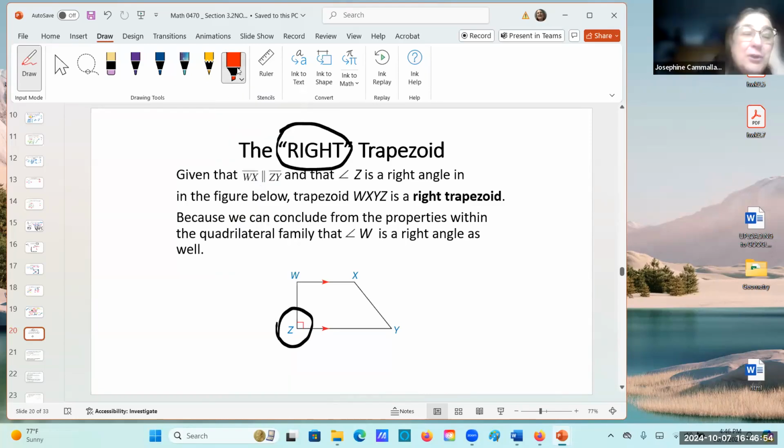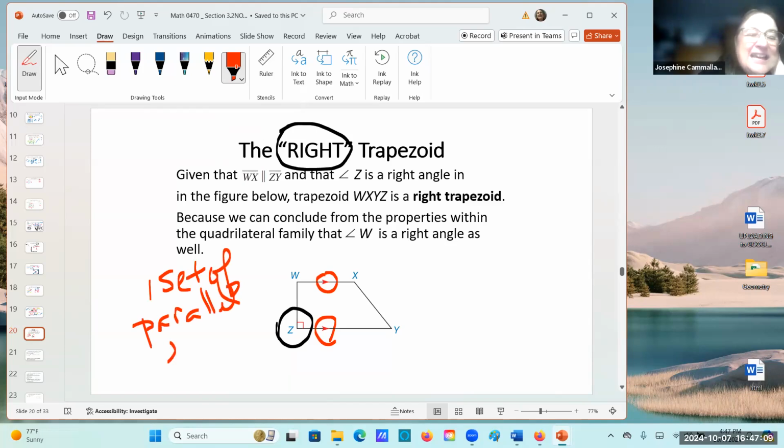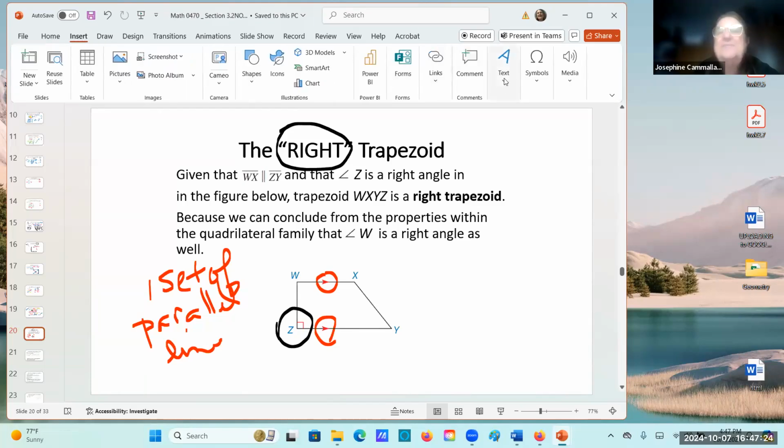But notice this and this: one set of parallel lines.